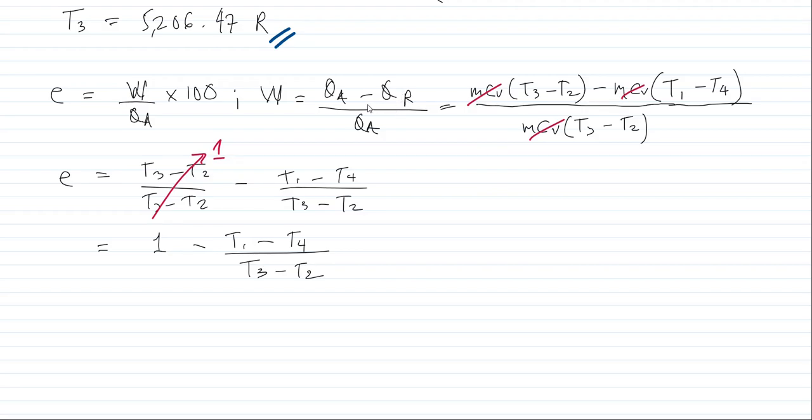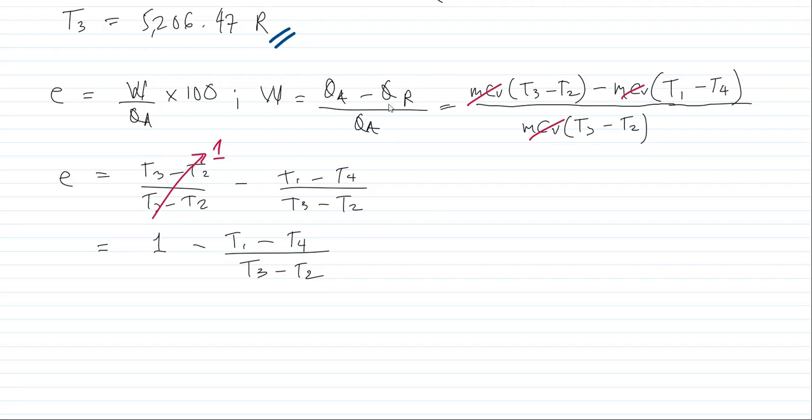But the conflict here is you will subtract QA minus the absolute value of QR. It means that T4 is greater than T1, so QR will be a negative value.